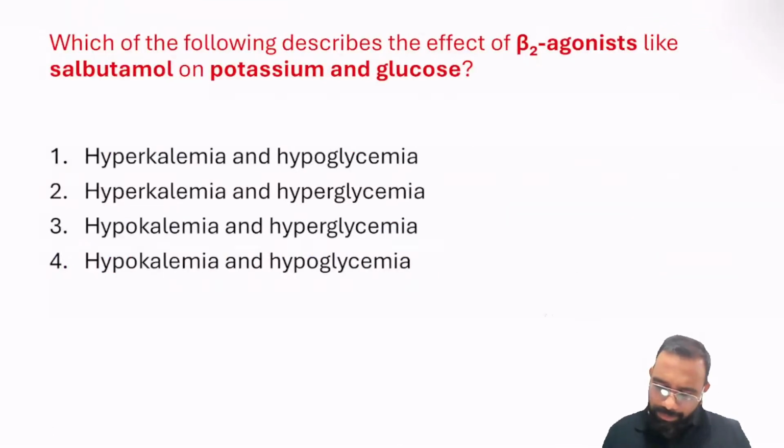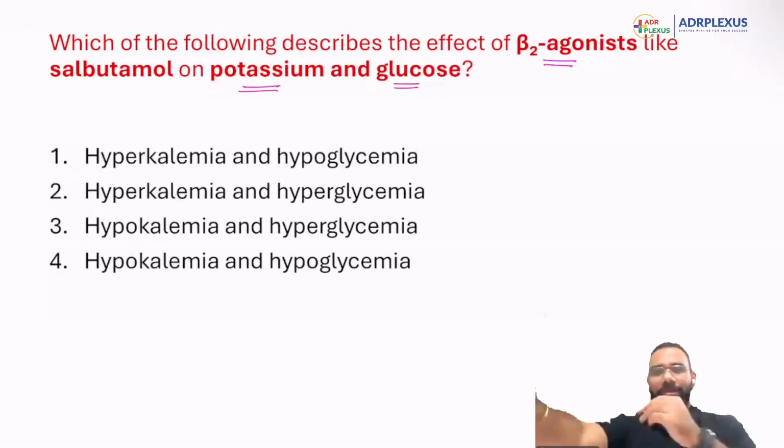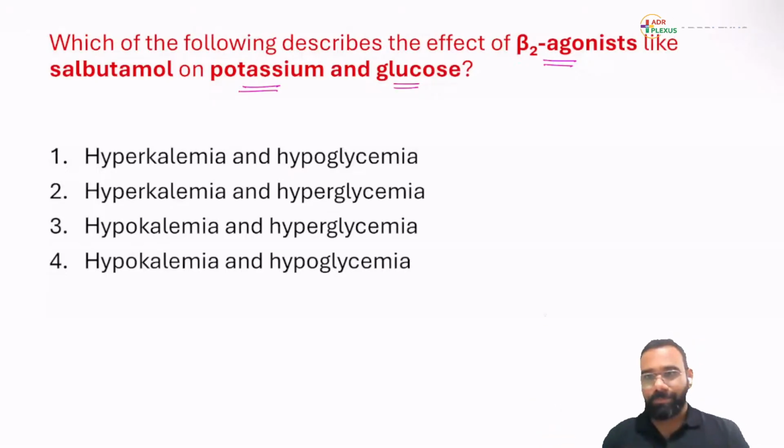Again, this is also a question they have asked multiple times in the exam. Beta 2 agonist, what are its effects on potassium and glucose? See questions carefully and then answer. Yes, it's 3.